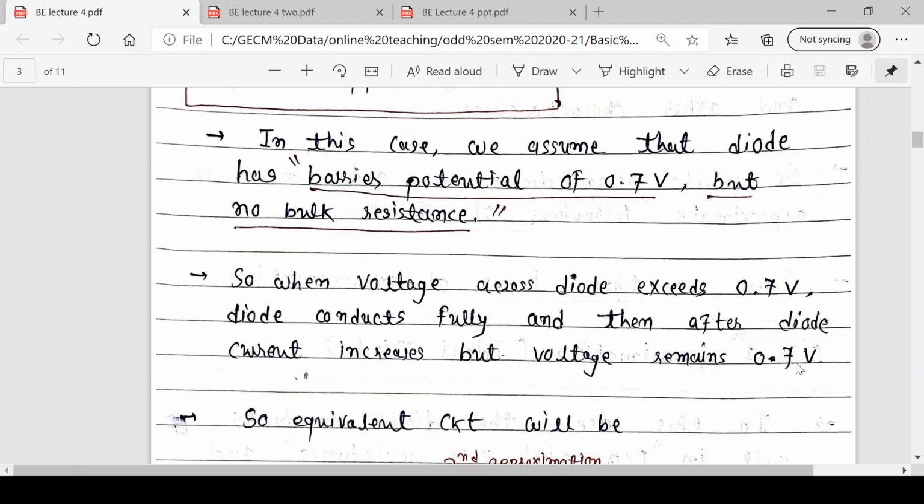So only 0.7 will be the voltage of the diode, but the current will increase indefinitely in forward bias. And if you reverse bias it by applying less than 0.7 volt, it will provide you zero current and infinite resistance.